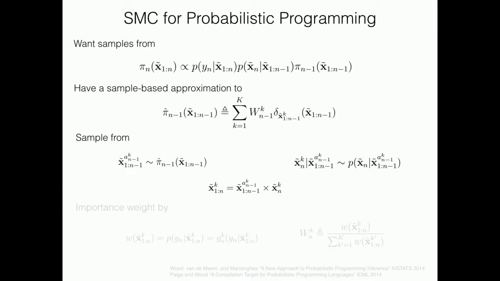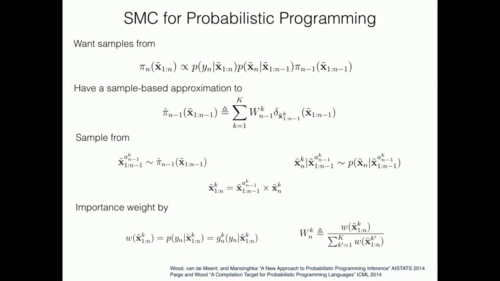But the critical part is that we're going to pick one of those ancestors according to these weights. And these weights arrive in exactly the way they always do in sequential Monte Carlo, which is to say that the weight of the kth continuation of the program is equal to this observation likelihood, just as before, right? And we can compute normalized weights by running the program forward, weighting them, and normalizing.